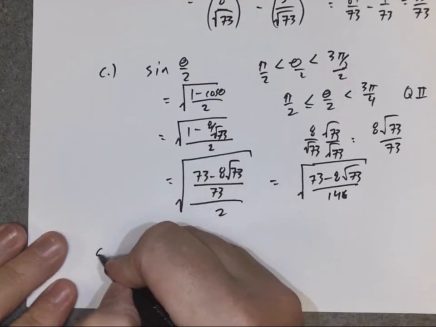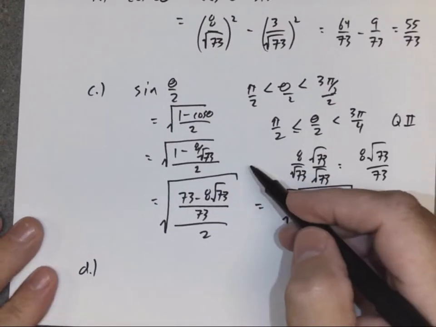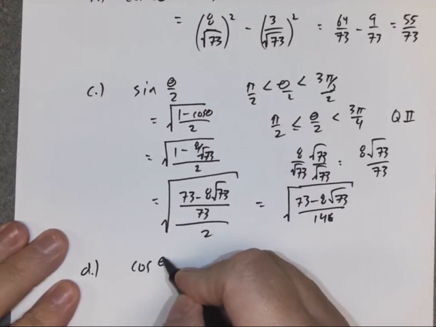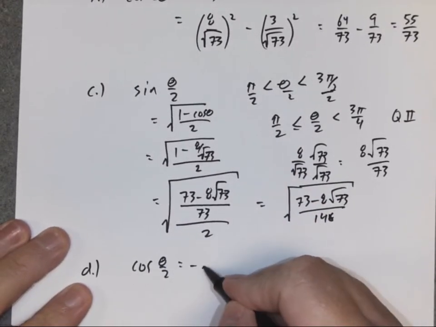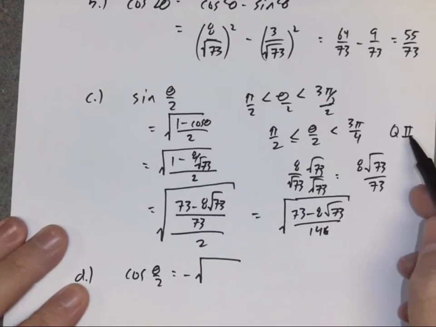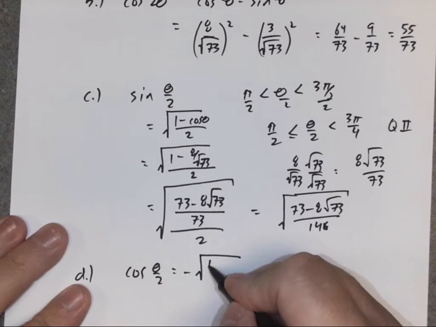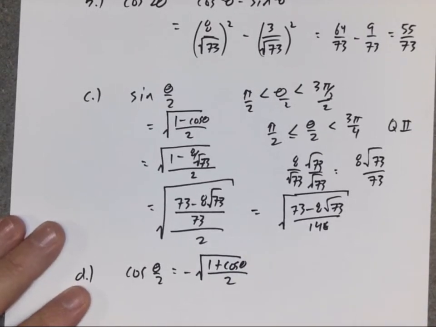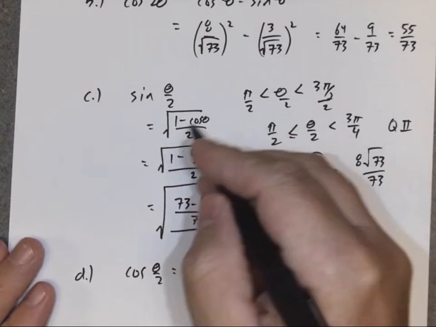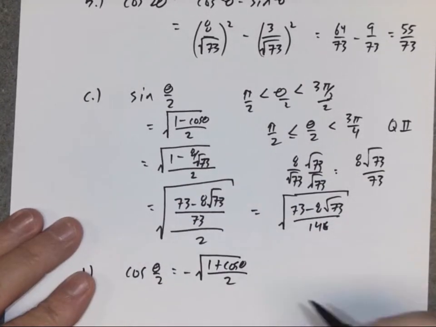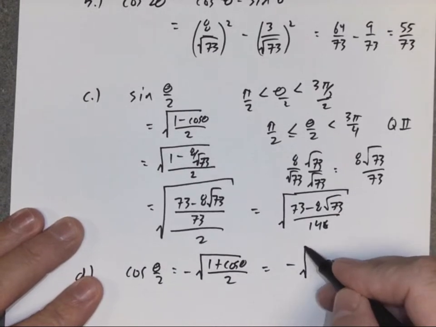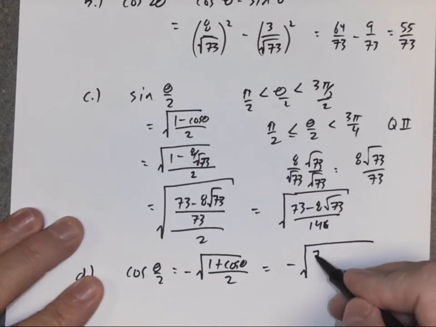Now the cosine, I'm not going to go through all the math, but what I'm going to first of all show you is that we have to use the negative formula since we're in quadrant 2 and the cosine in quadrant 2 is negative. And it's going to be negative square root of 1 plus cosine of theta over 2. Turns out if you plug in everything again, it's going to look just like this, except you have a negative out front instead of a negative here.